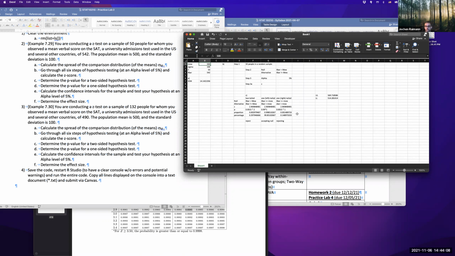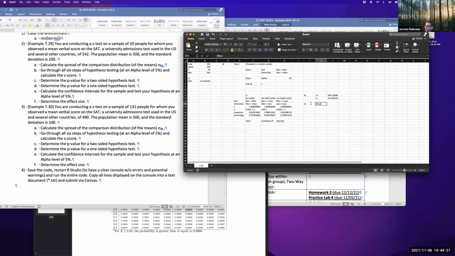So this is example 7.29. Oh wait, we also need to do effect size, right? So effect size is easily, this is D. Now we're doing my effect size.